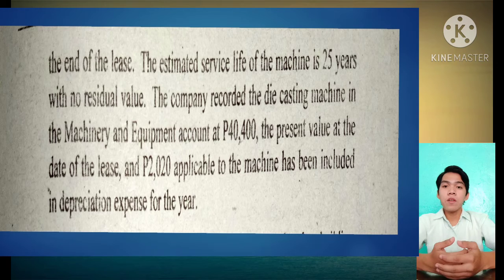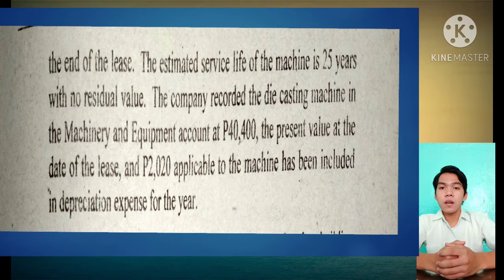The company recorded the die casting machine in the machinery and equipment account at 40,400, the present value at the date of the lease, and 2020 depreciation applicable to the machine has been included in the depreciation expense during the year.